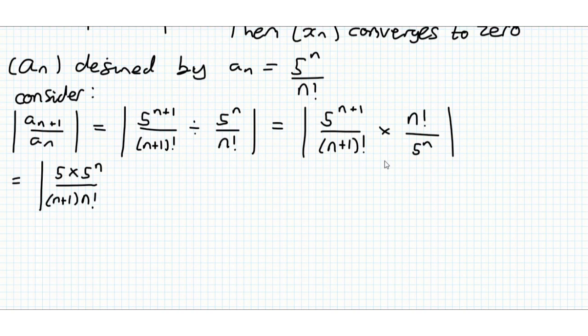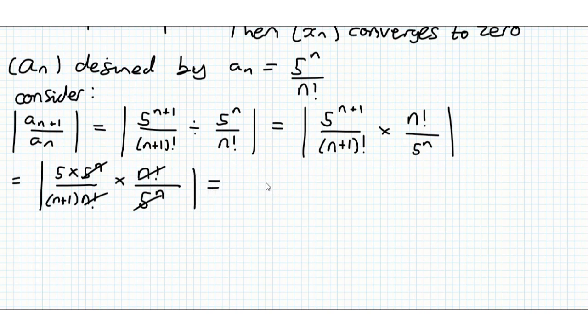So n plus 1 factorial is n plus 1 multiplied by n factorial. And so we're multiplying this by n factorial over 5 to the n. Now you can see the cancellations we get here.